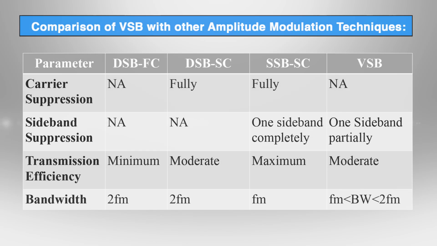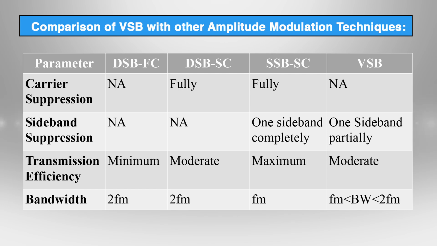Now, let us see the comparison of vestigial sideband with other amplitude modulation techniques. We will compare the VSB signal with the DSB-FC, DSB-SC and SSB signals in this comparison table.